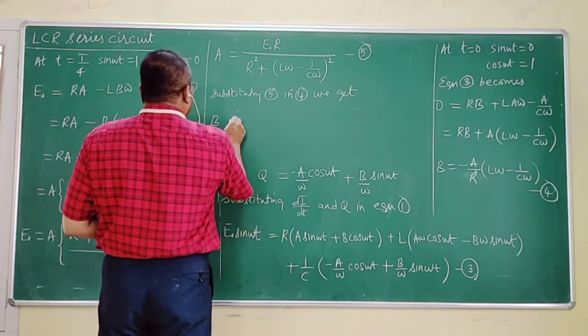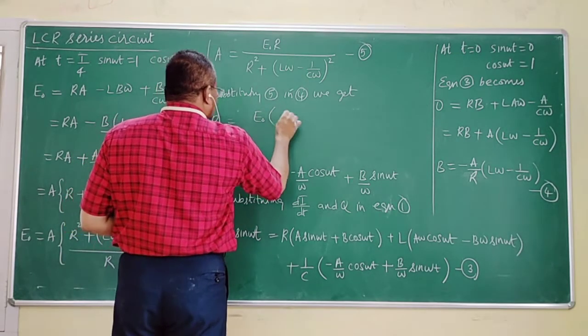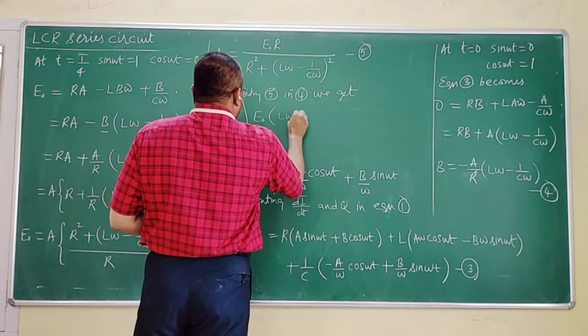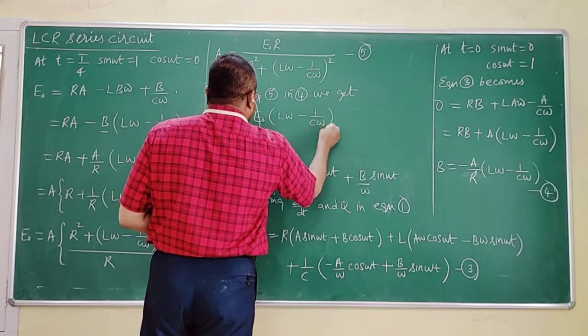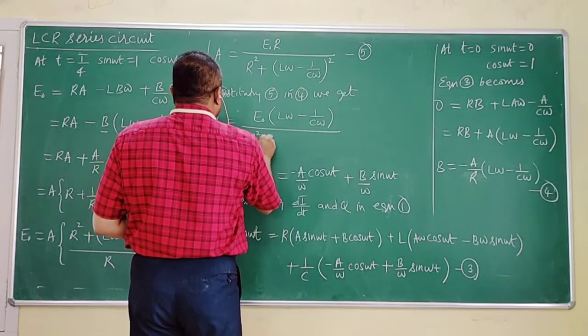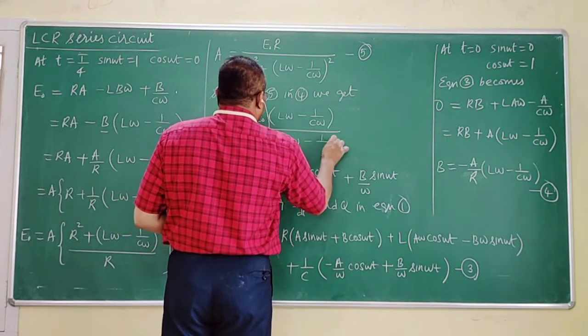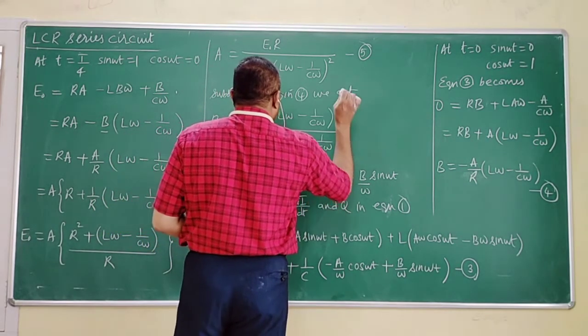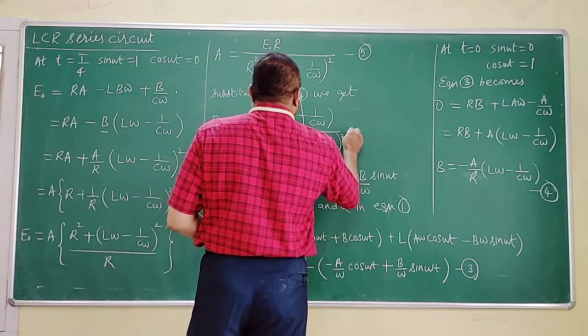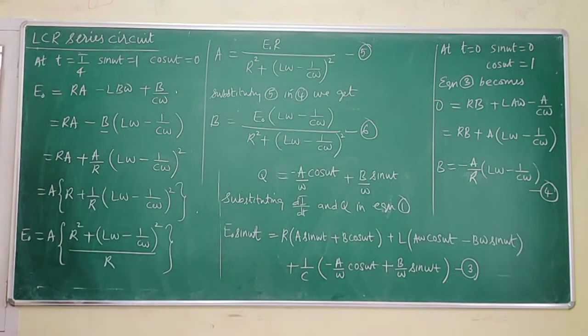B will become equal to E naught L omega minus 1 by C omega upon R squared plus L omega minus 1 by C omega the whole square. So we have got expressions for A and B, sir.